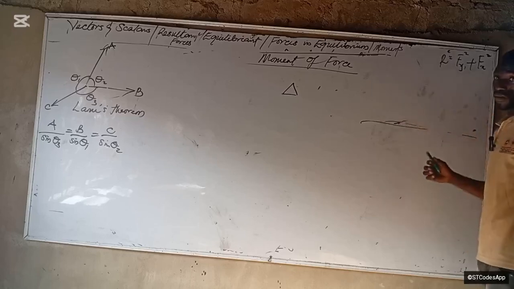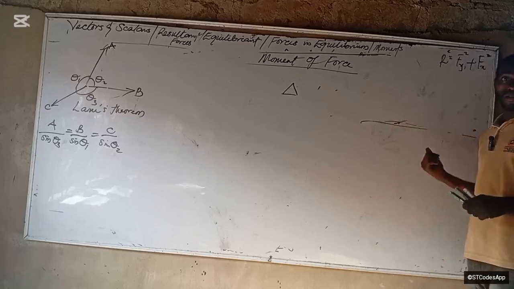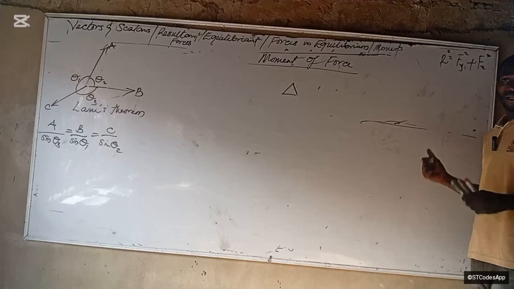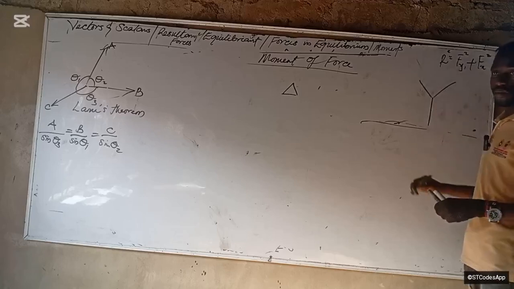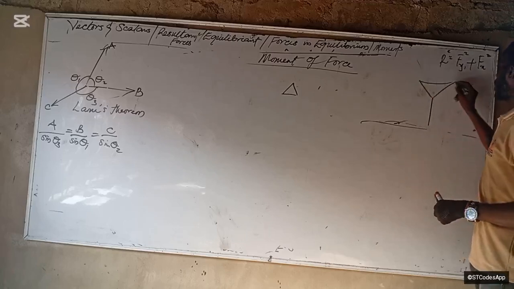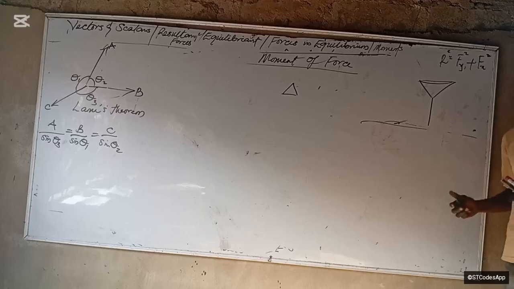You sure it's neutral equilibrium? Okay, this is neutral equilibrium. Like this is dynamic equilibrium. Are you sure? Then unstable equilibrium now. Yes, unstable.